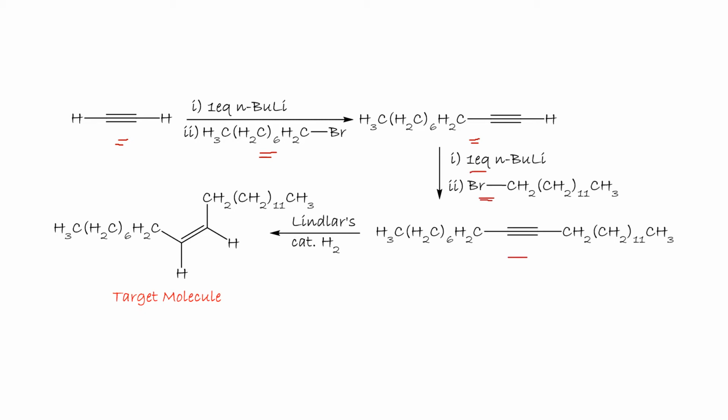We get this acetylenic derivative or alkyne with the same number of carbons as the target molecule. All we need now is to transform the triple bond to cis double bond using Lindlar catalyst with hydrogen. We get the target molecule.